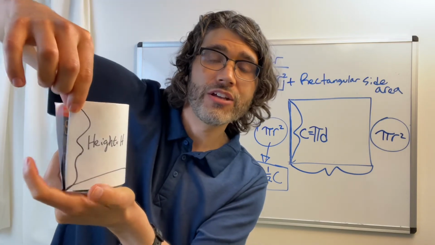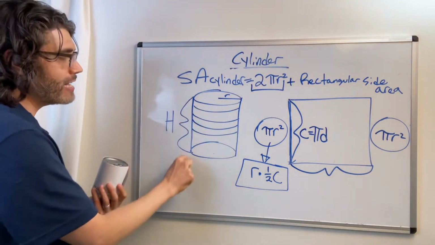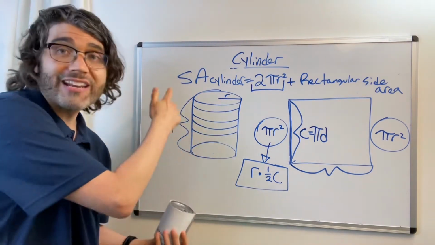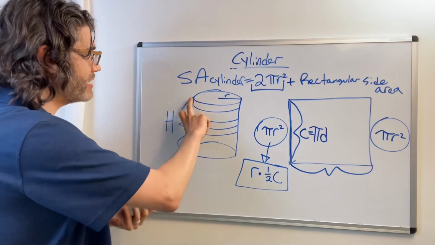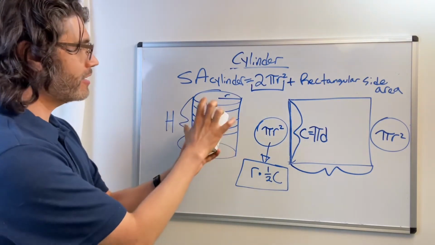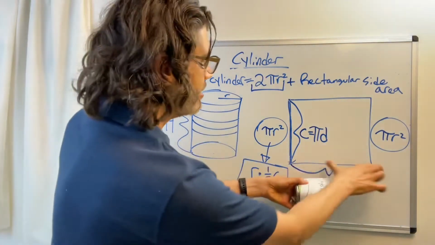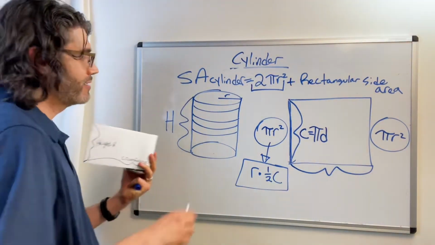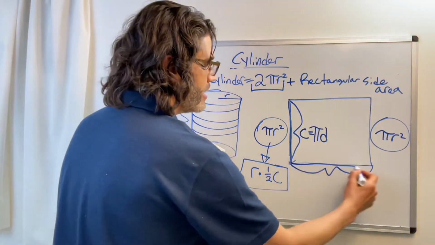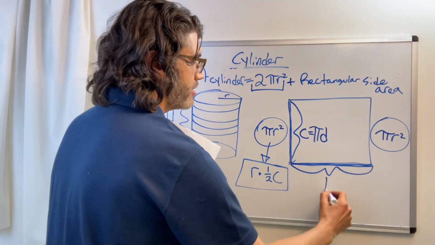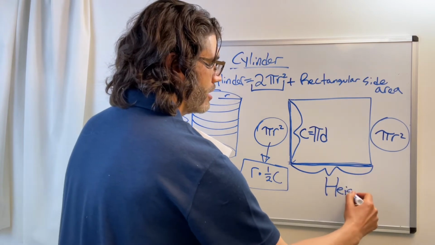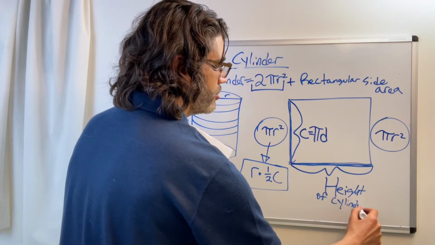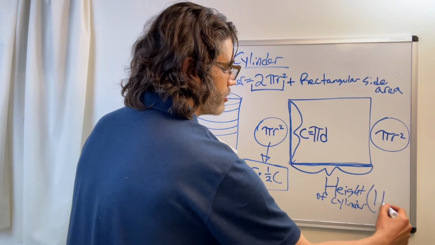You see that? So if you know h, the height of the cylinder, or the height of the can, then this distance right here will be the height of the can. So h, or height of cylinder. You just call it h, h for short.